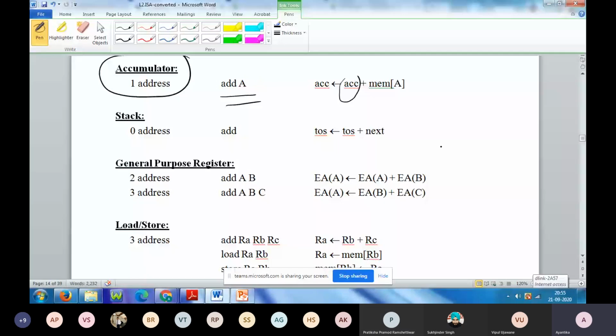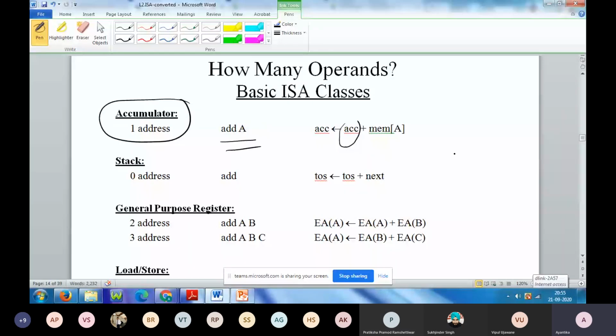So we talked about register handling and memory handling. When we have something in the memory, we can load it to the register. These are some other storage options we have. One is the accumulator.